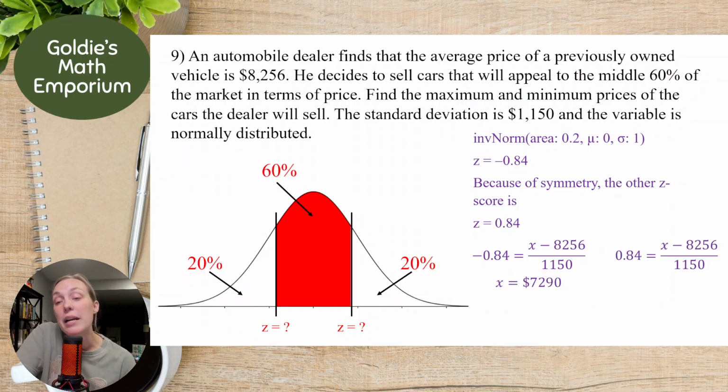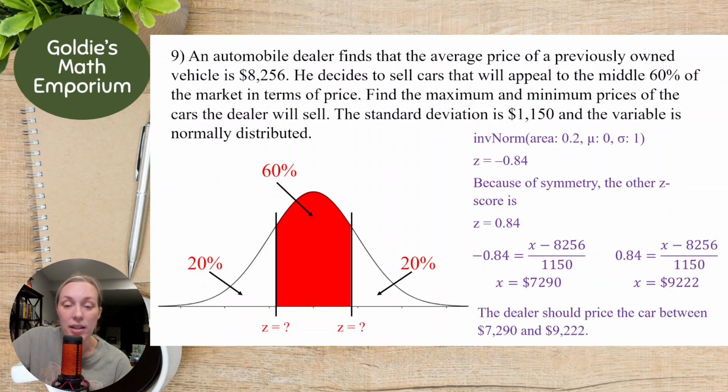Then I have to find my upper boundary. So I use the positive z-score, my mean and standard deviation, and solve for x, and that's going to give me $9,222. So the dealer should price the car between $7,290 and $9,222 in order to appeal to the middle 60% of the market.